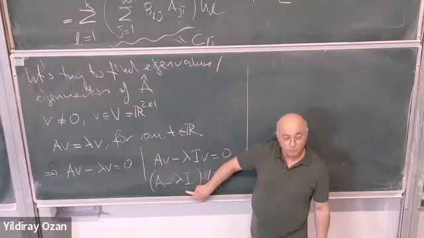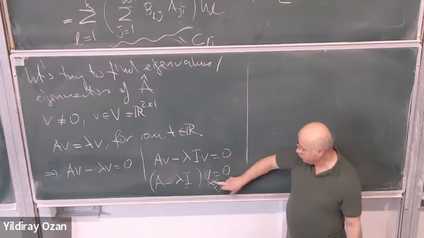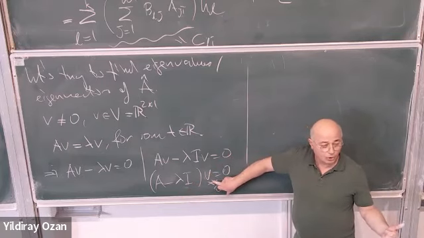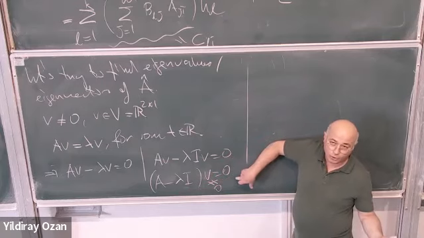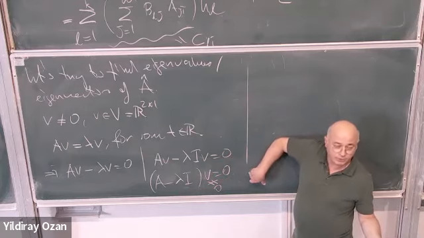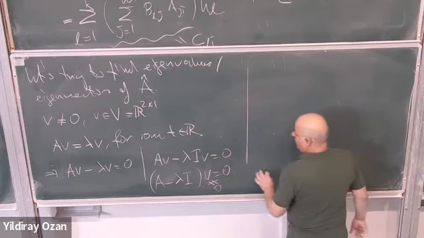If this were invertible, then multiplying both sides with its inverse, we would get V equals an operator times the 0 vector. That would be just 0. So we would get V equals 0. Okay?